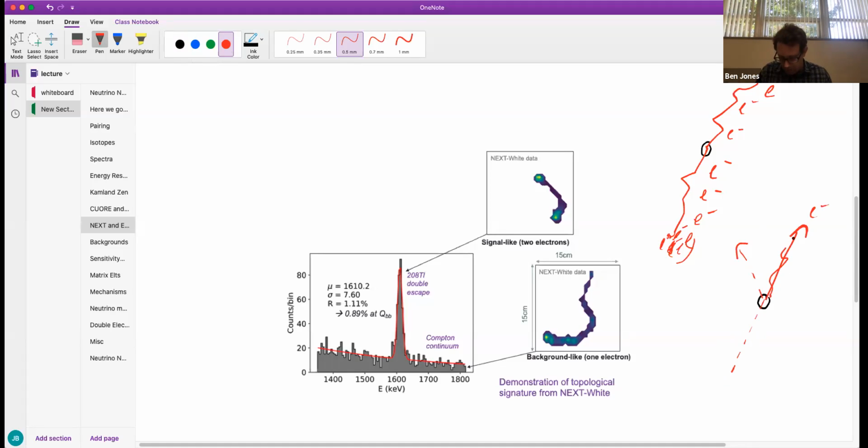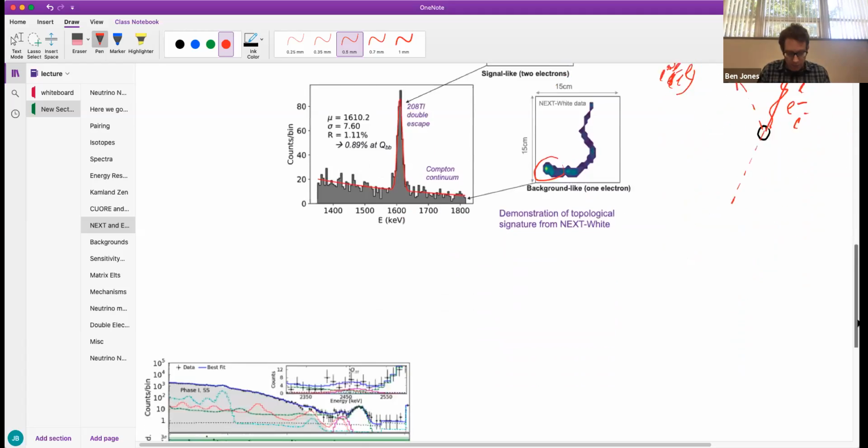That single electron then wanders around and deposits all its energy into other electrons. And in this case, you only get a single, what we call a blob at the end. And so this is what the background event looks like. And so by telling the difference between these in the detector, we can reject the radioactivity backgrounds even more than we can do with the energy resolution alone.